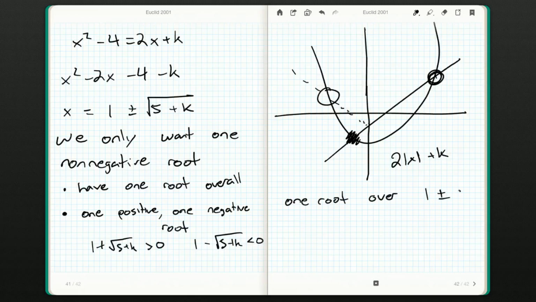Okay? So in our first situation, to have one root overall, we'll need to be doing 1 plus or minus 0. So that means root 5 plus k is equal to 0. So squaring both sides, we'll get 5 plus k is equal to 0, or k is equal to negative 5. So that's one situation.